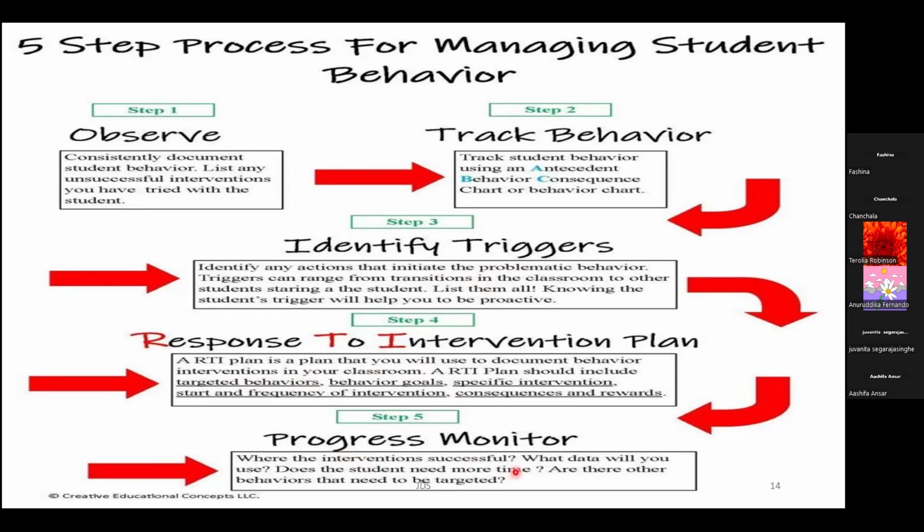And finally, progress monitoring, right? You continue to monitor over a period of time. So the intervention plan itself will take some time, maybe 1 or 2 months. Along with that, the teacher needs to monitor.